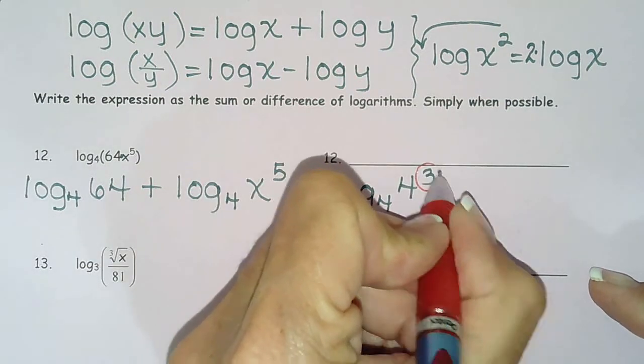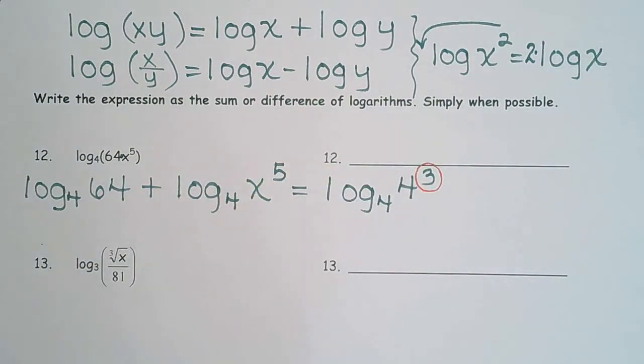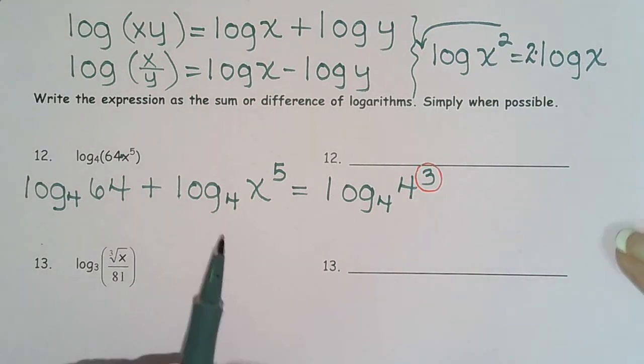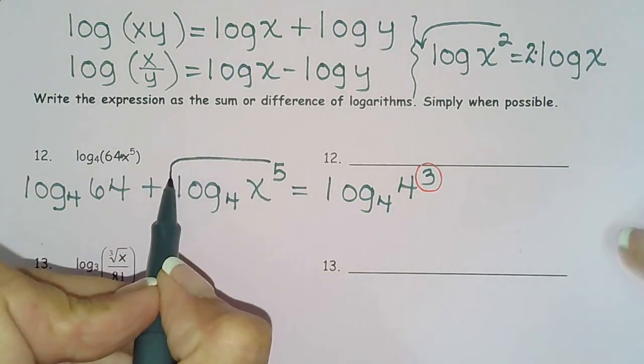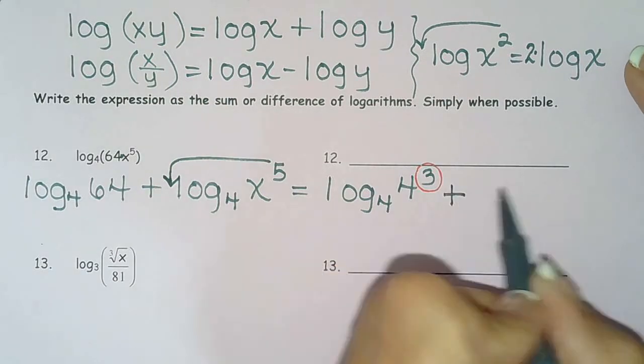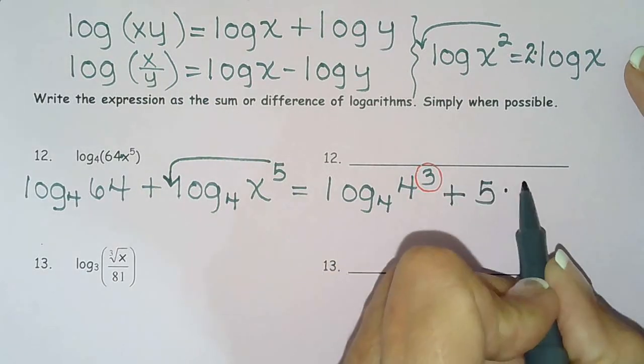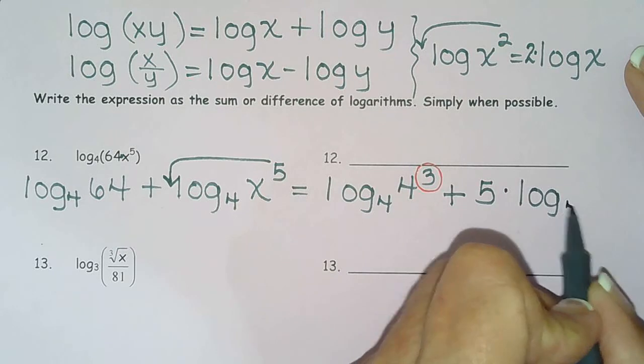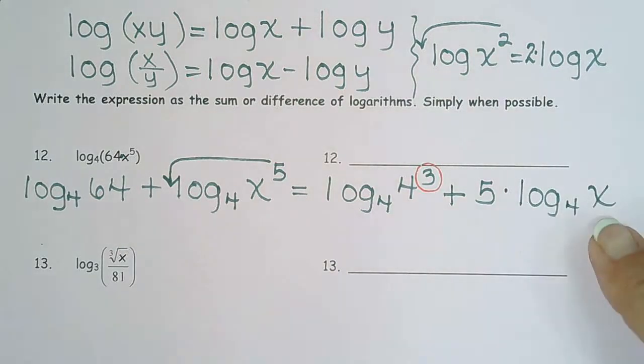And in the second part, do you see what needs to be done with the second term? Power rule, just like up here. So this would be plus 5 times log base 4 of x. And we know this one can't be simplified because it has an exponent in it.